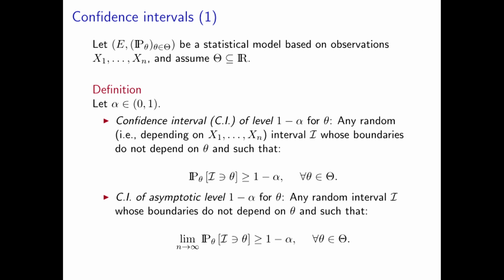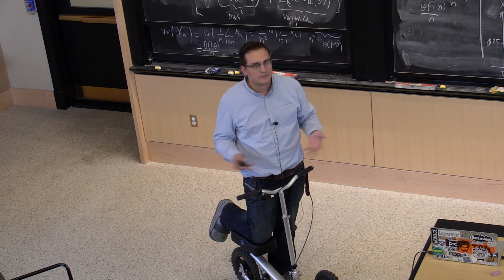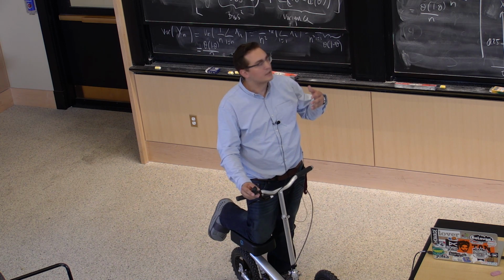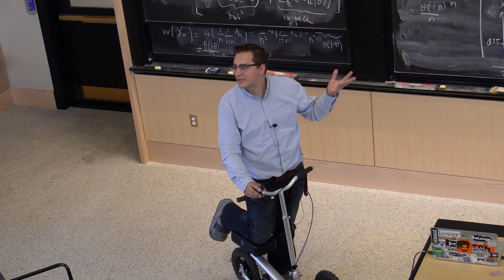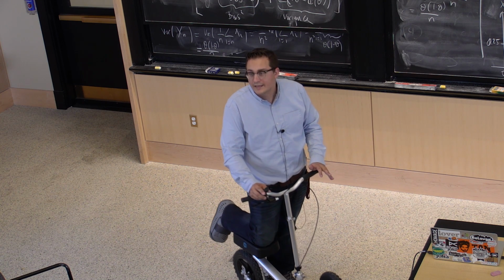Theta is a subset of the real line, and that's why I talk about intervals. An interval is a subset of the line. If I had a subset of R2, for example, that would no longer be called an interval, but a region. We could say a confidence set, but people like to say confidence region. So an interval is just a one-dimensional confidence region.